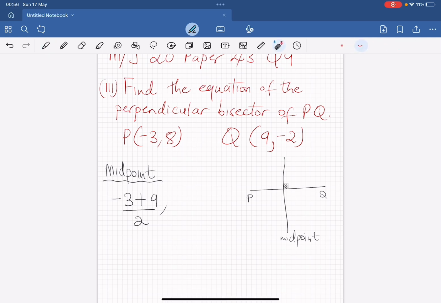Average of x would be (-3 plus 9) divided by 2. And then average of y would be 8 and -2. Hence I would say (8 plus -2) all divided by 2.